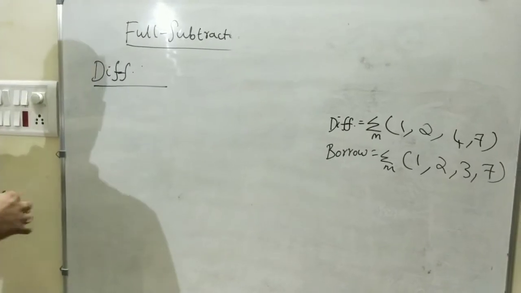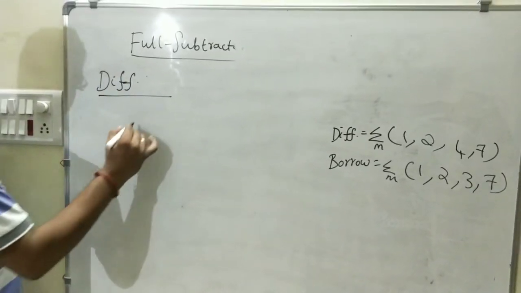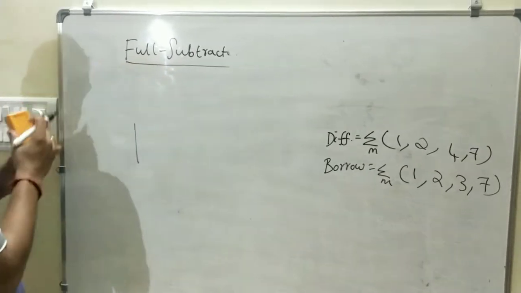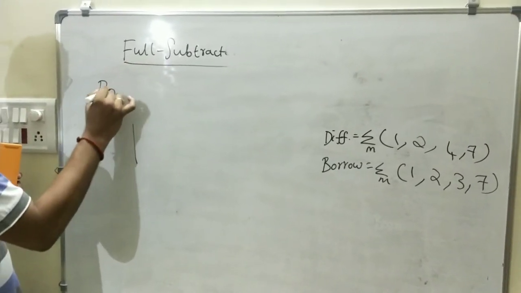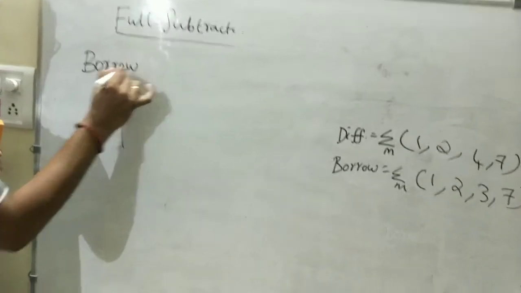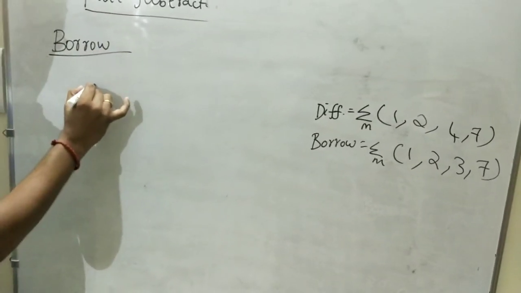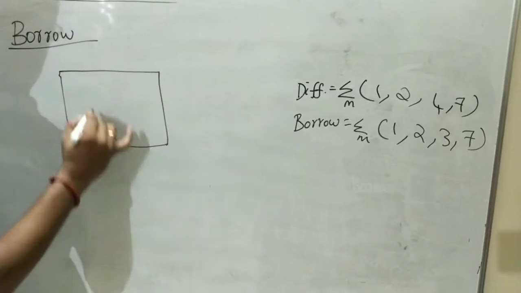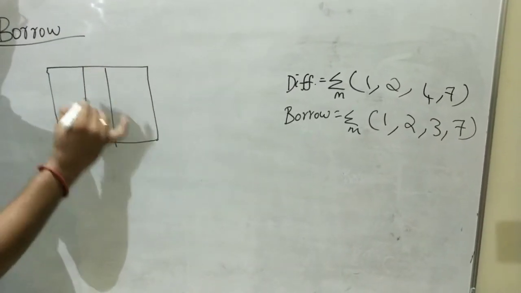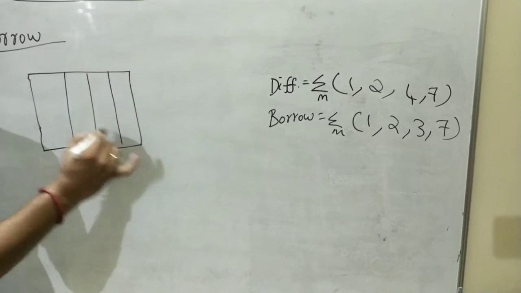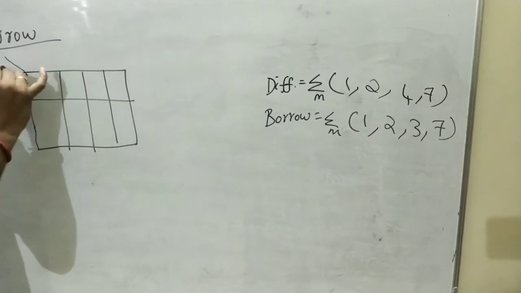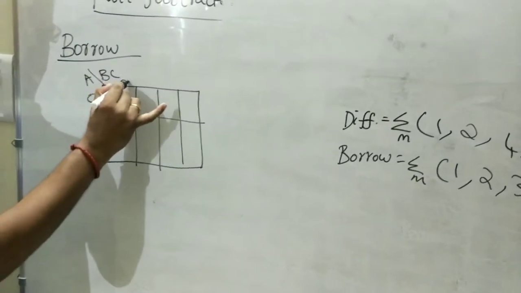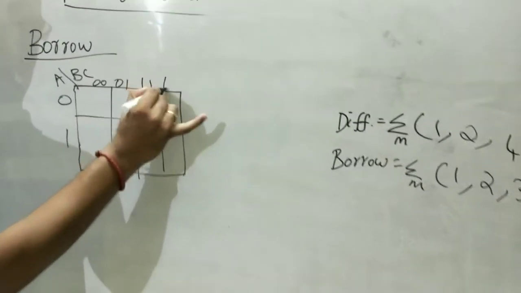Okay, that would be clear. So for borrow, A B C 0 1, 00 01 11 10.